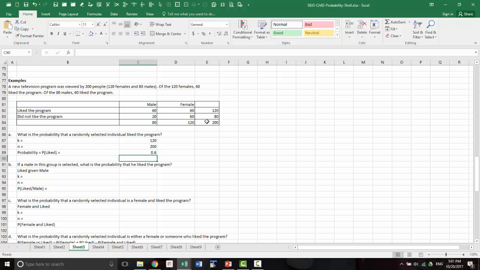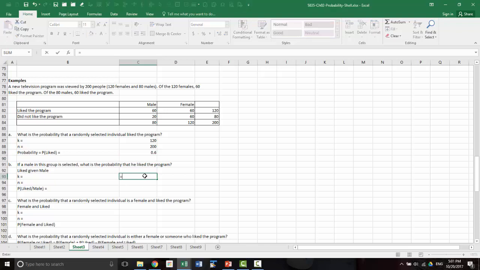Okay, if a male in this group is selected, what is the probability that he liked the program? So here you have to be very careful. It says if a male is selected, so that means we know that the person that we have selected is a male. So given, this is a conditional probability. Given that a male has been selected, the probability we want is liked given male.